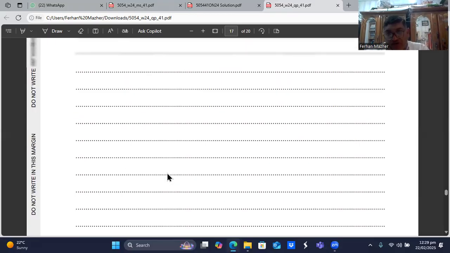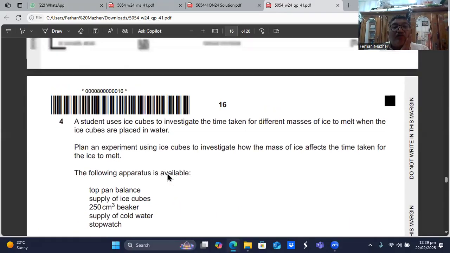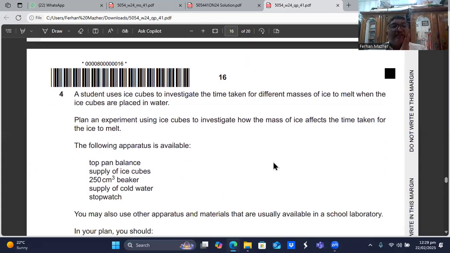Okay. So basically, we have ice cubes, and I want to know how much time it takes for the ice cubes to melt, and I will increase the mass in each experiment. I'm going to change the mass of the ice cubes which I'm using. So we are going to use identical ice cubes.